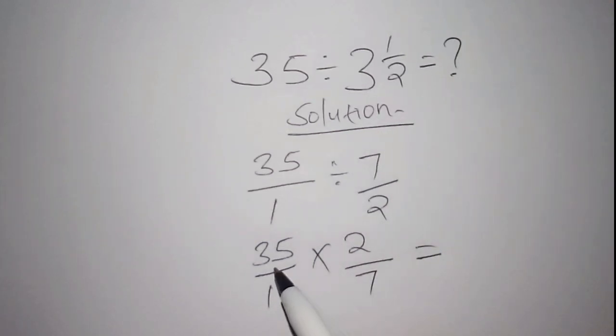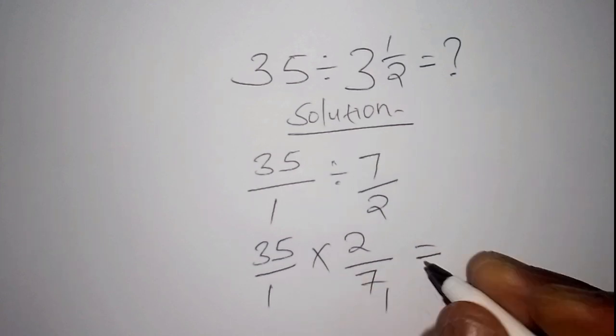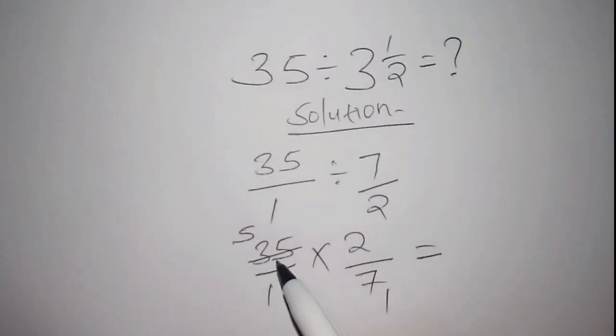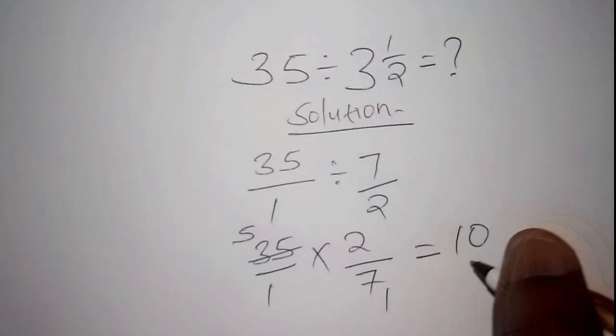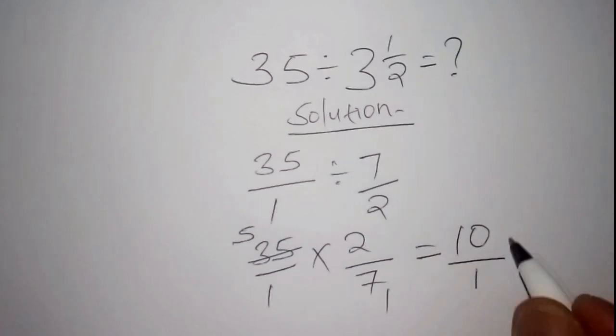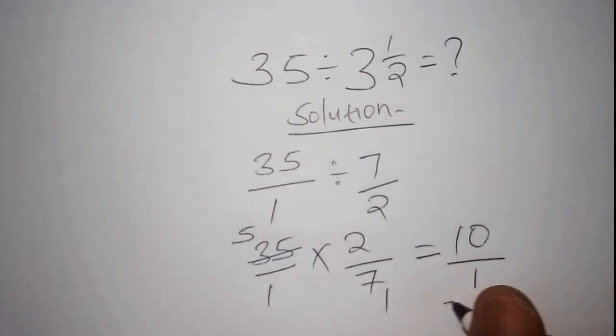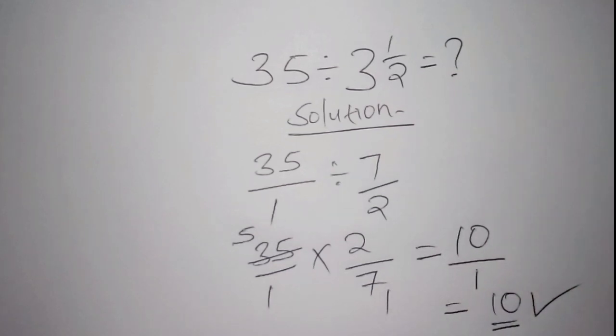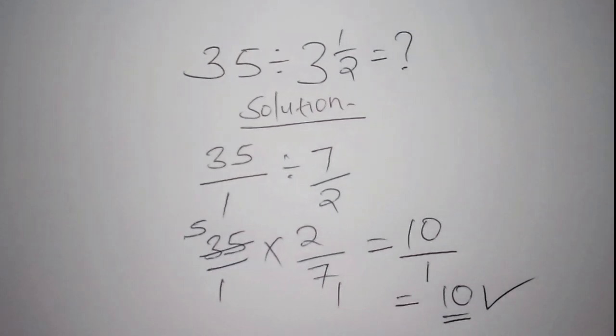Let's check if 7 can go into 35. 7 goes into 35 5 times. Now we shall have 5 times 2, which is 10, all over 1 multiplied by 1 is 1. So 10 over 1 is the same as 10. The answer is 10. If you get 10, then thumbs up, you did it in the correct way.